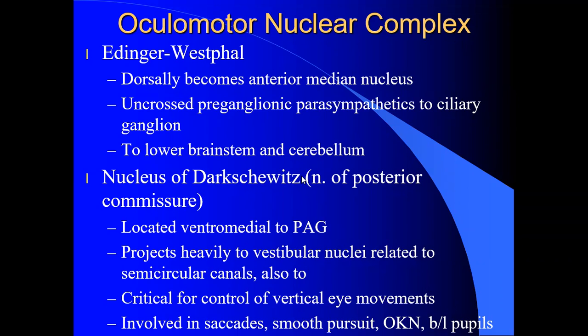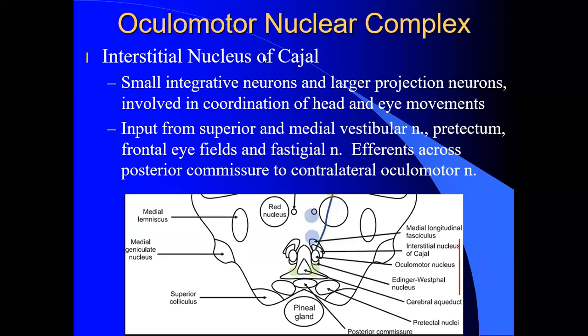But it turns out when you look at the afferents and efferents, vertical eye movement really is what it's about. And it's necessary for smooth pursuit in a three-dimensional space. It's critical to that. And so this is the kind of nucleus which accesses the oculomotor nuclei, as well as the interstitial nucleus of Cajal, okay?